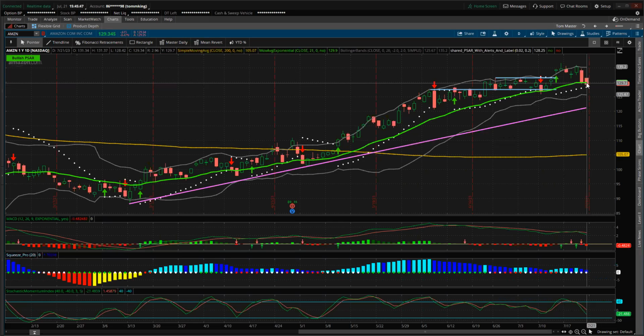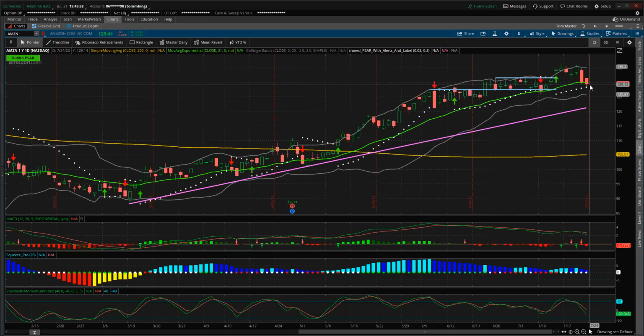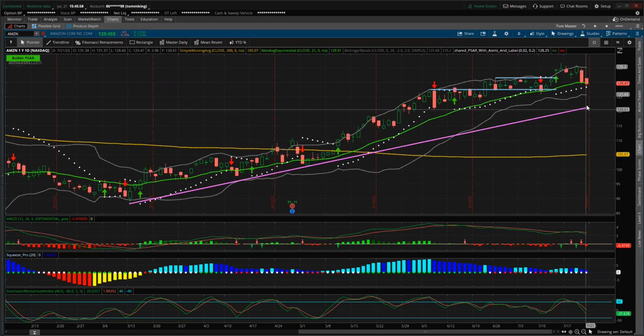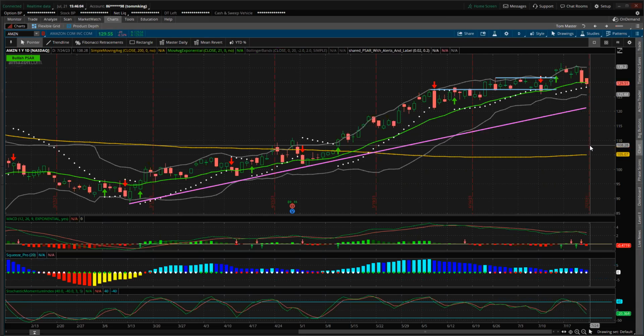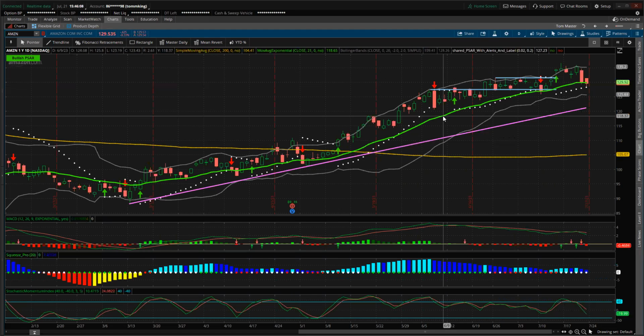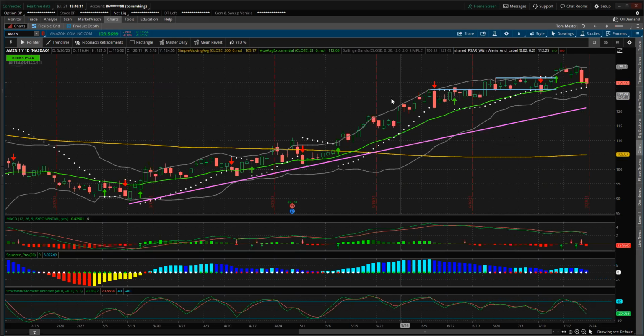I'm going to watch the next day's candle on Monday, considering today's Friday. Do we bounce and move higher, or do we continue to sell down here? Now I'm looking at the next support level. Could be the Bollinger Band, could be the uptrend, could be the 50 EMA. Any of those things might be the next support, as we are still in an overall uptrend until proven otherwise.